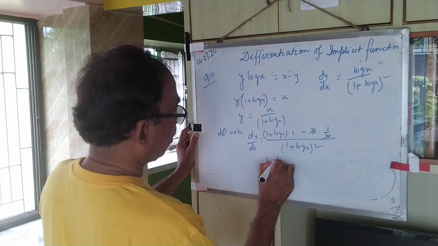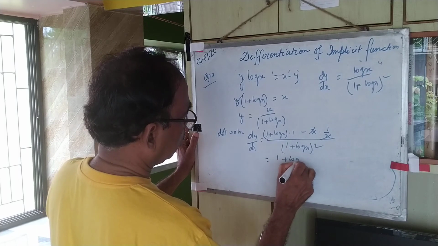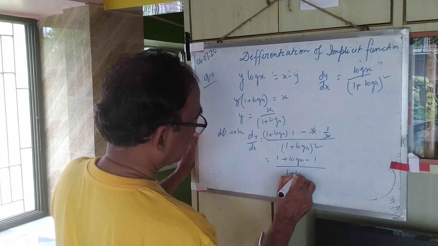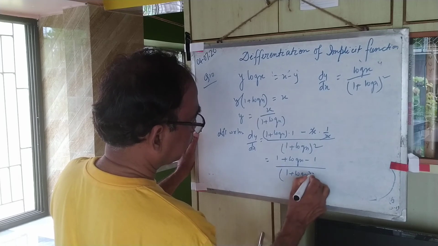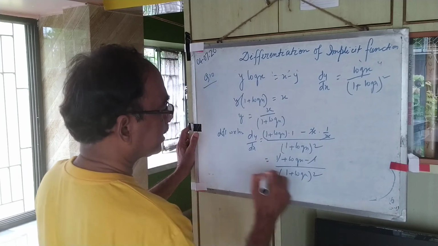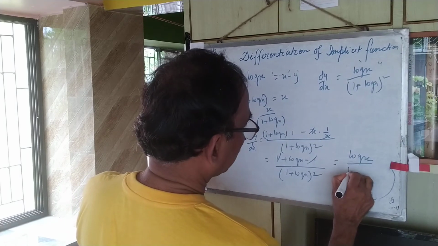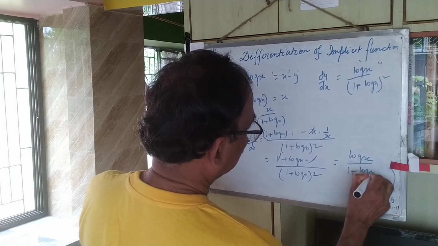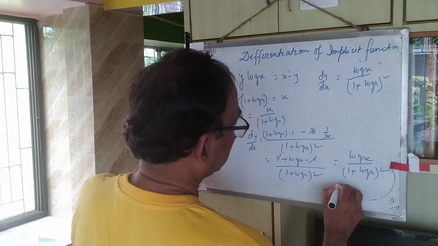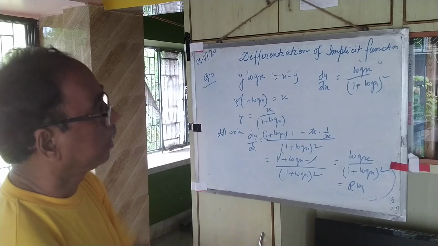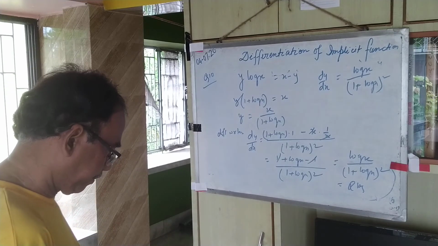That is 1 plus log x minus 1 by 1 plus log x whole square. 1 cancelled, that is log x by 1 plus log x whole square equals the right hand side. So dy by dx, left hand side equals right hand side.